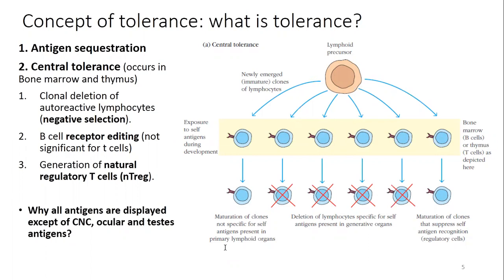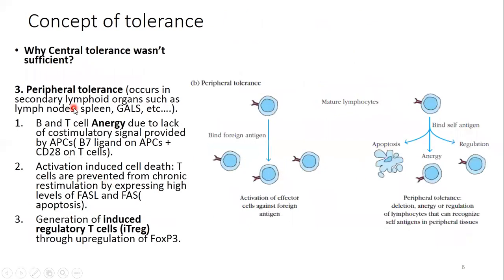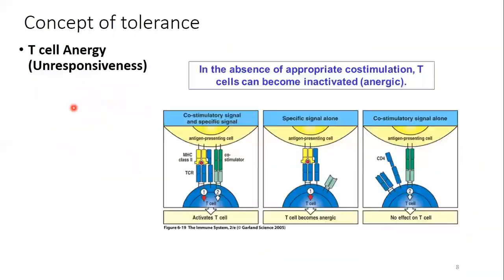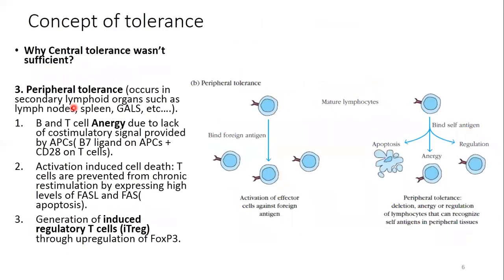It's basically done by several processes. For example, antigen sequestration, which we'll talk about shortly. Central tolerance, which occurs in the bone marrow and thymus. Then there is peripheral tolerance, which occurs in secondary lymphoid organs and by using T regulatory cells.